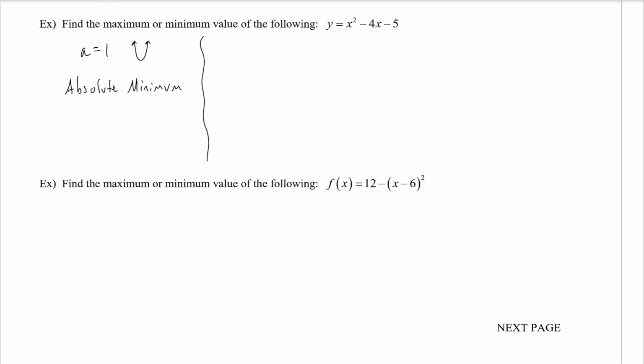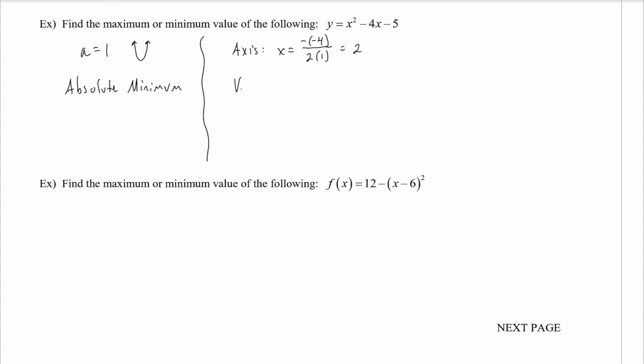Well, you just need the vertex. All you need is the vertex. So this is in standard form. Since it's in standard form, the axis is going to be x equals -b, or the opposite of b, over 2a. So that'd be 4 over 2, which is 2.